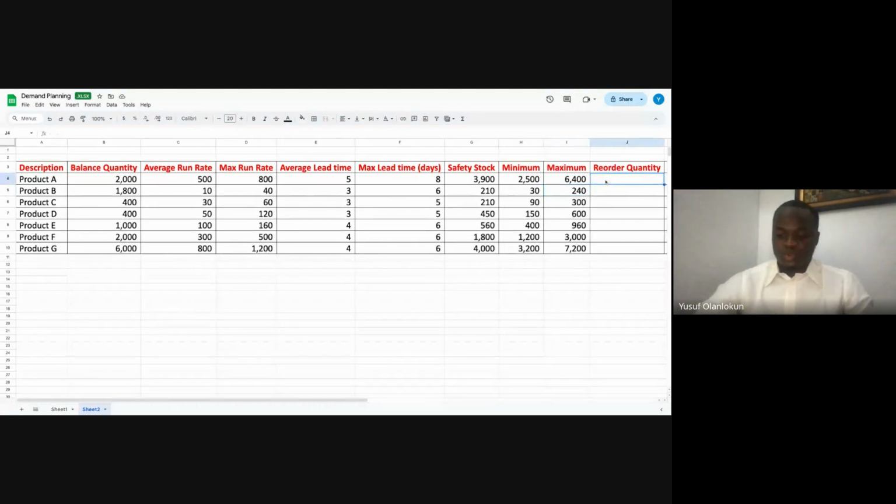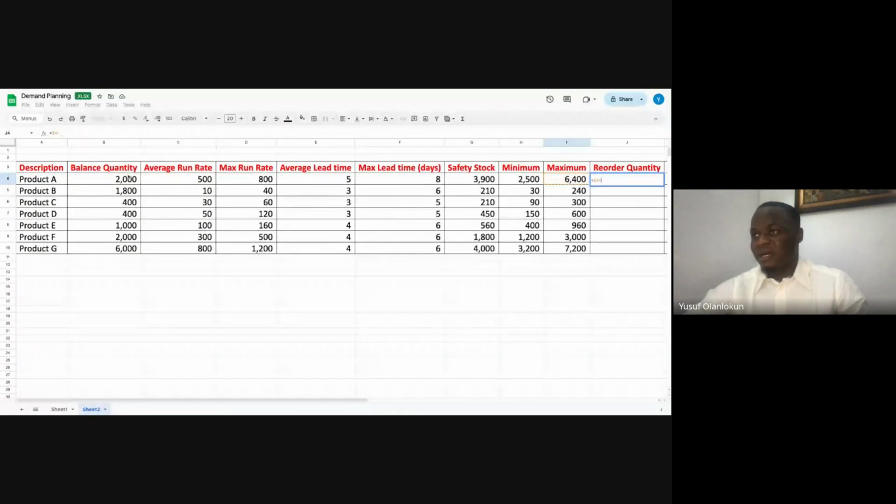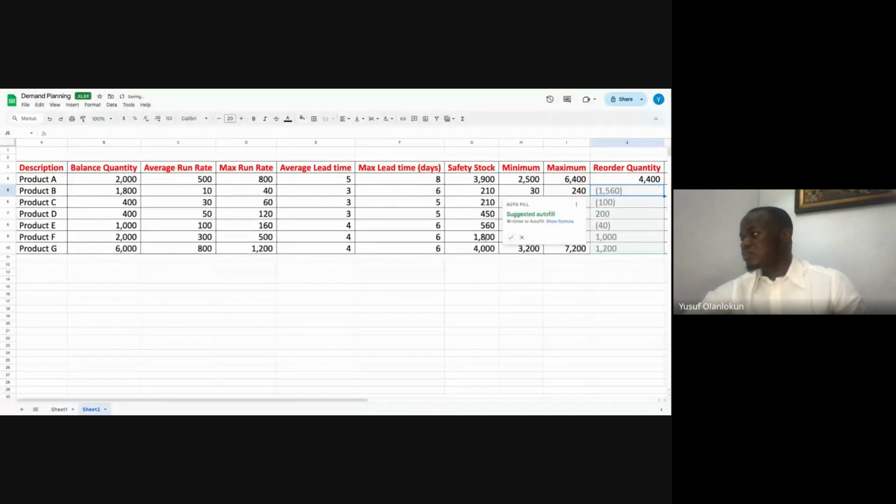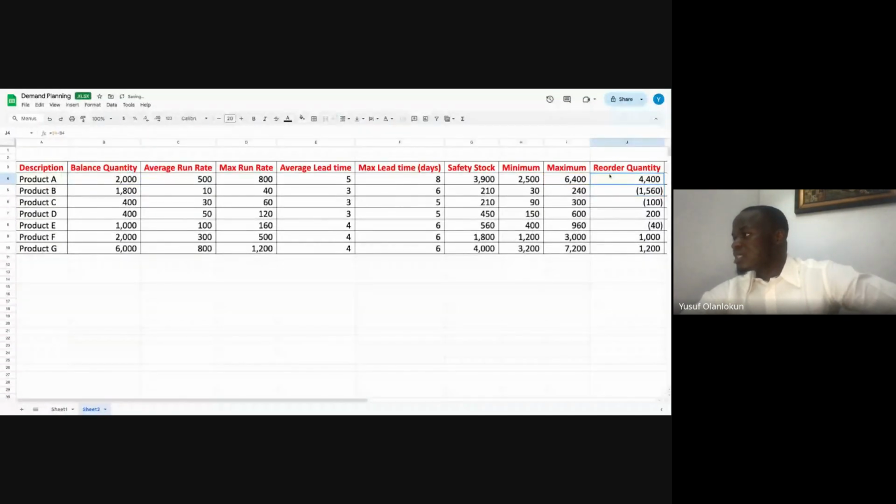When you want to generate the reorder quantity, that will be maximum minus the current balance. Which means for product A, you need to buy 4,400 to go back to maximum.